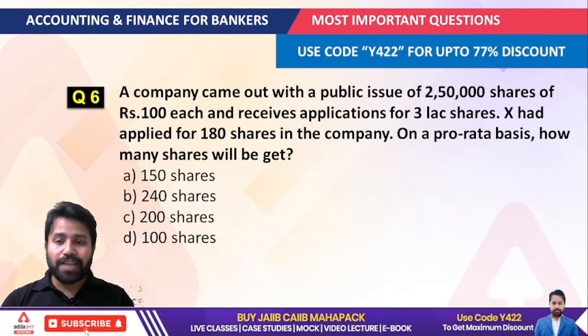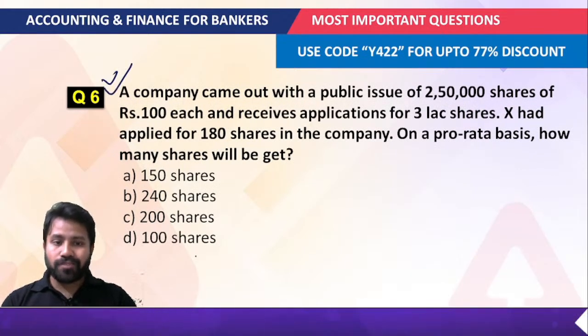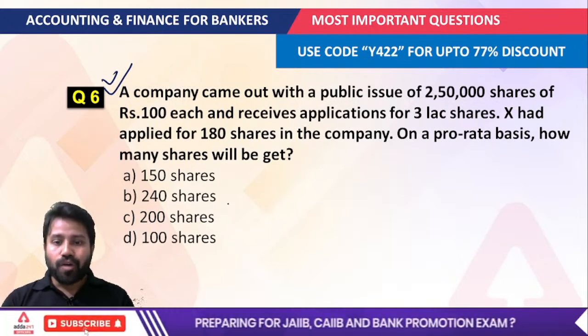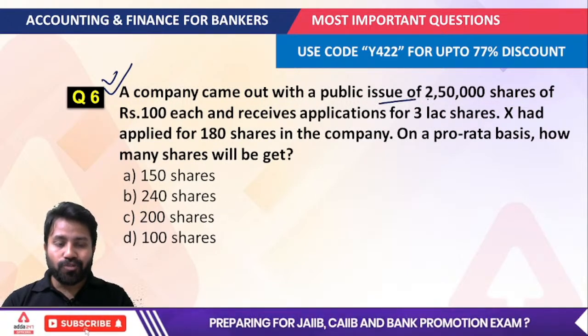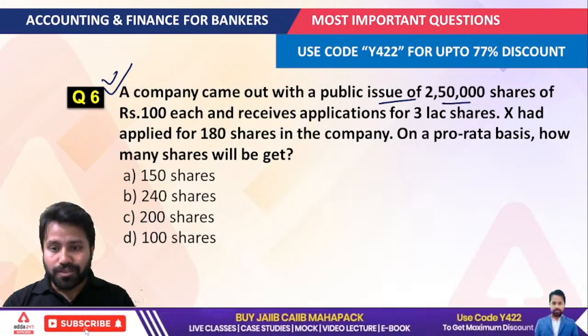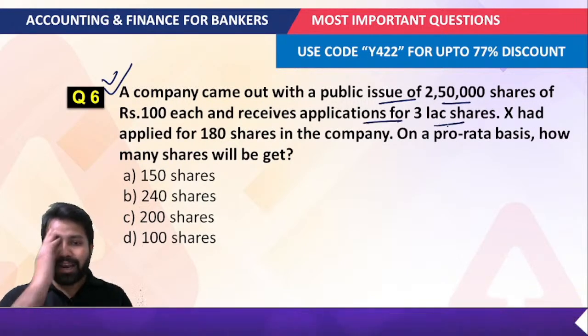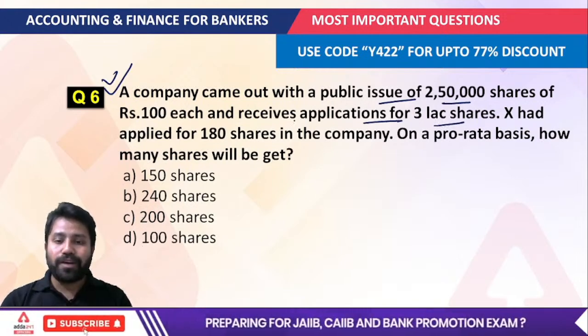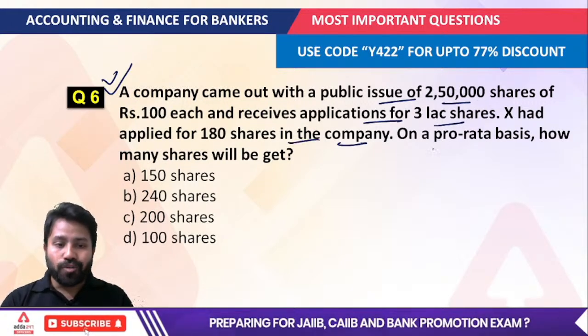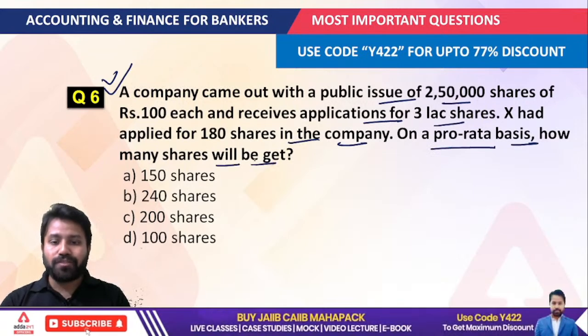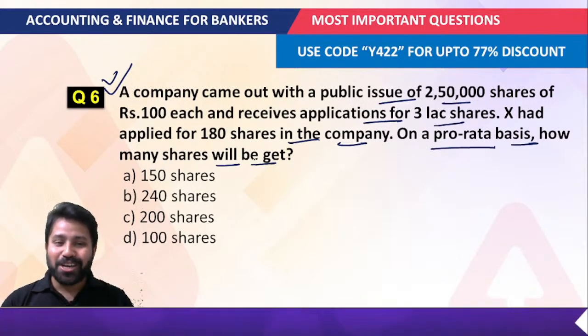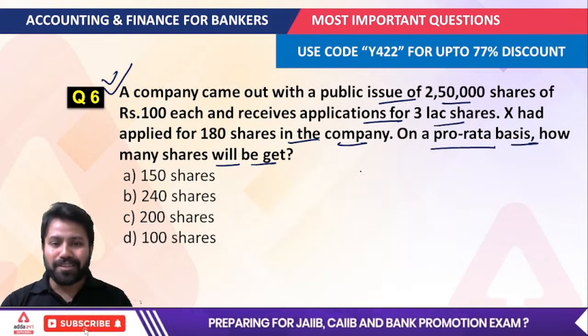One of the questions that usually comes in examinations is based on the pro rata basis. A company came out with a public issue of 2,50,000 shares of 100 rupees each and receives applications for 3 lakh shares. X had applied for 180 shares in the company. On a pro rata basis, how many shares will he get? How to solve this kind of question? The very important thing is to understand what exactly happened.